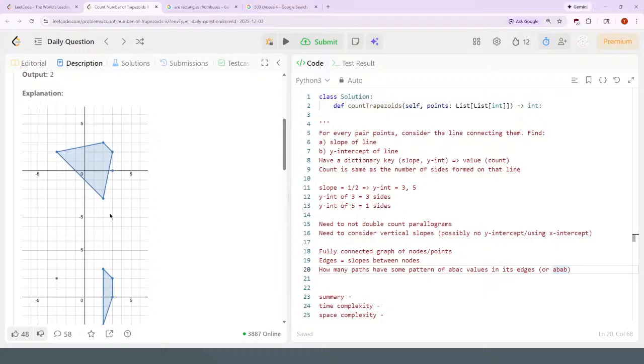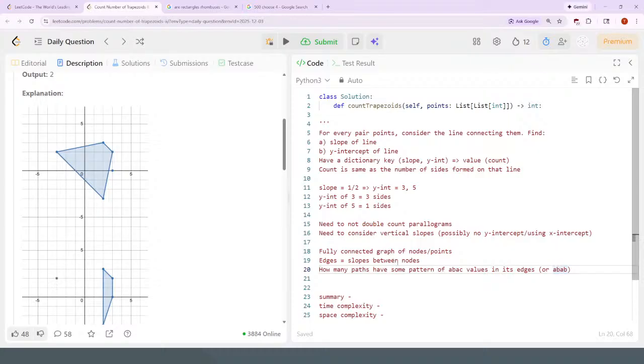Because then the opposing sides that have the same slope is equivalent to the edges that are the same slope. And so they have the same values.